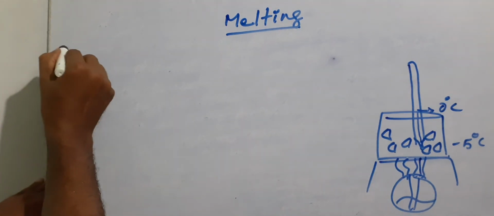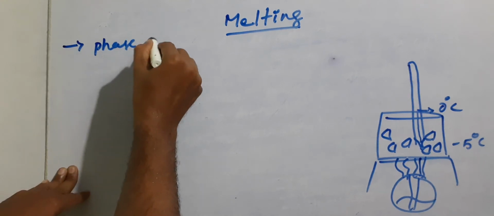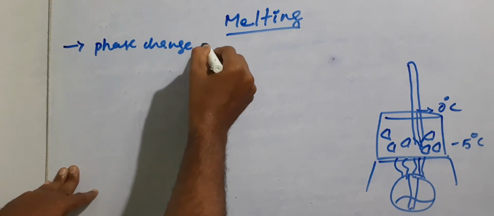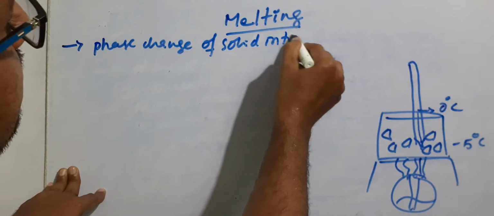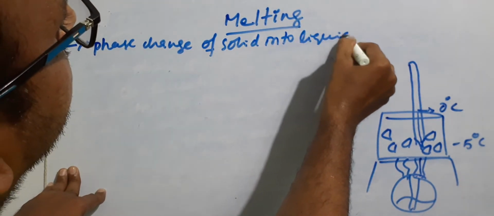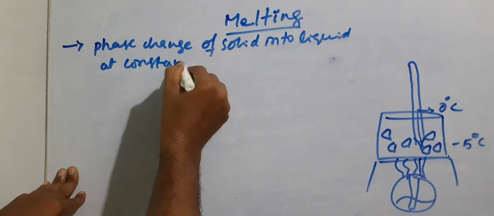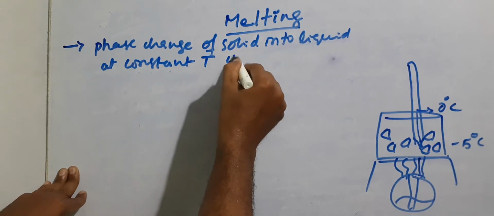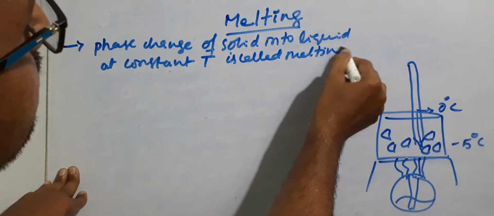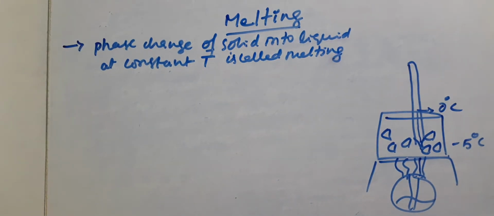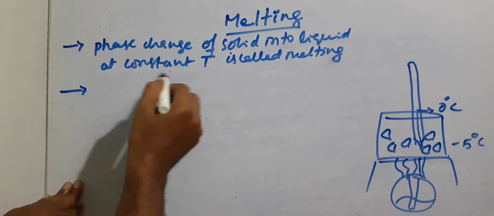So the phase change of solid into liquid at constant temperature is called melting.